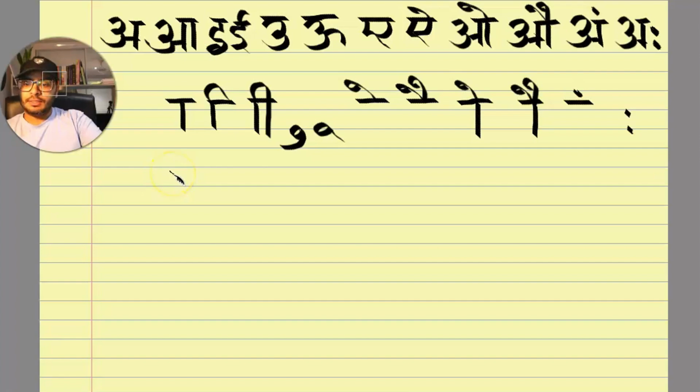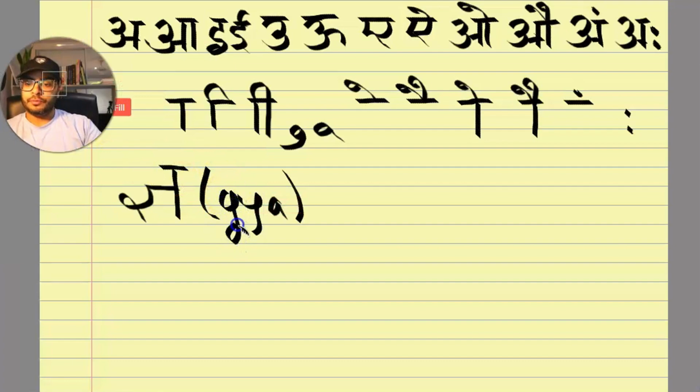Now the last sound of the Nepali Vyanjan Varna would be gyan. The way we write this letter is a line and then a horizontal line, and then we bring it this way and then we fold it like this. So it's similar to jaw, but instead of going all the way up here, we fold it. The letter is formed with G in here. So that sound would be gyan for us.